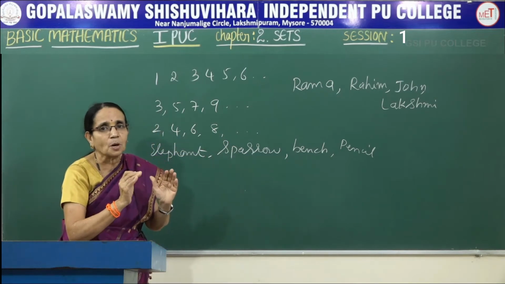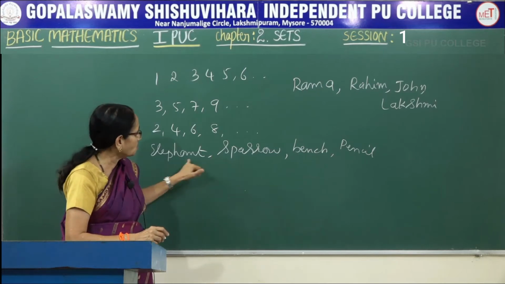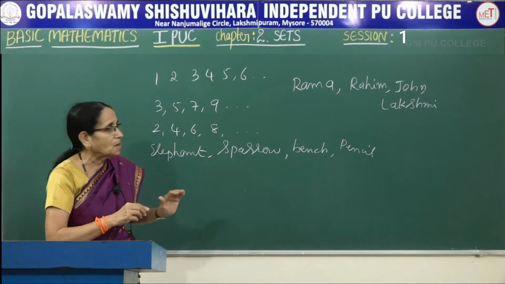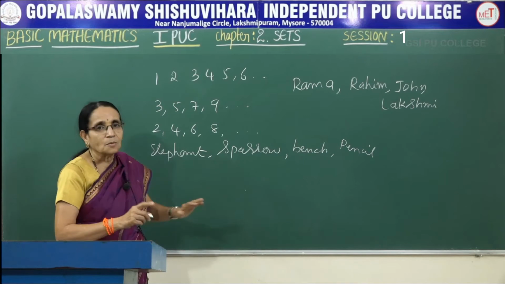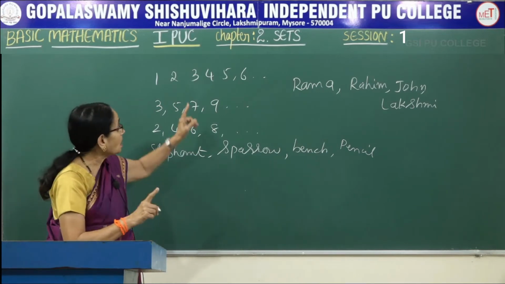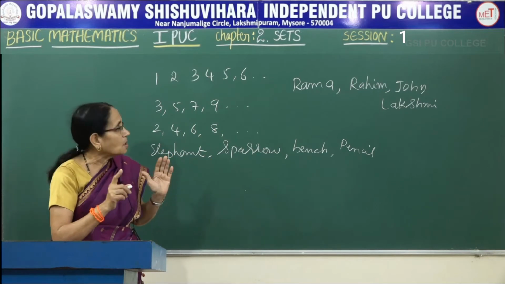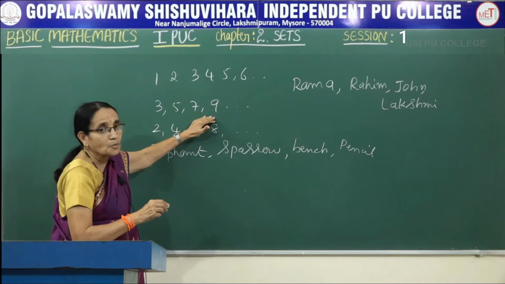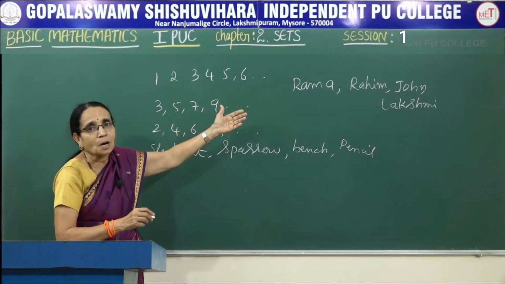They possess a common property. Whereas the fourth collection, though we can call it a collection, has items of different types. So, this collection, we do not call it a set. The other four, because they are of the same type, we call them sets. This is a set of natural numbers, a set of odd numbers, a set of even numbers, a set of names or proper nouns.